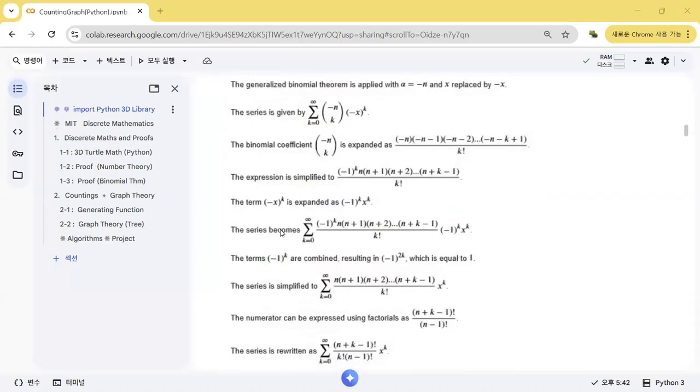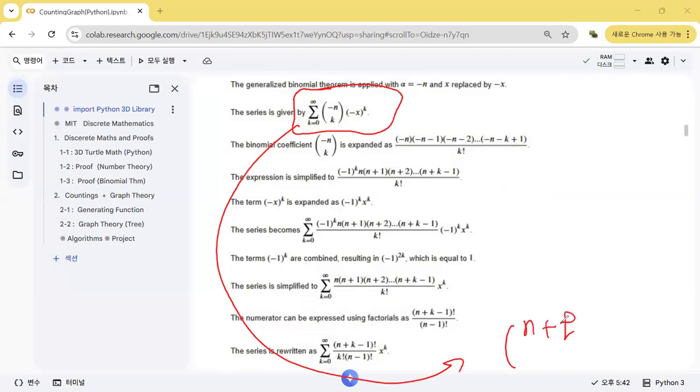Okay, so let's show. Look at this one. We must prove that this one is equal to n plus k minus 1 choose k. Okay, so let's go step by step. Then what is minus n choose k?